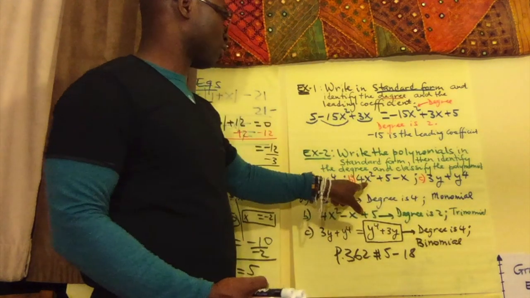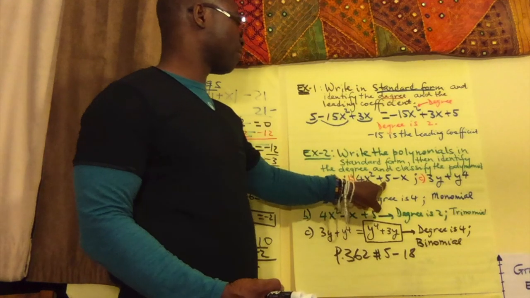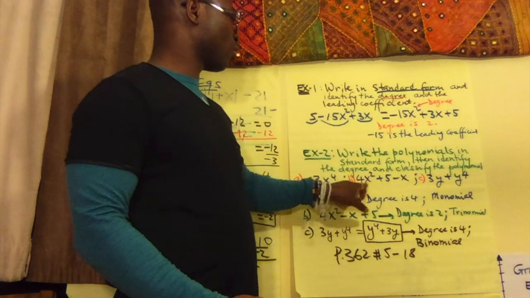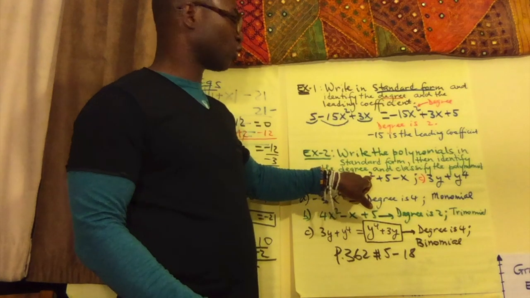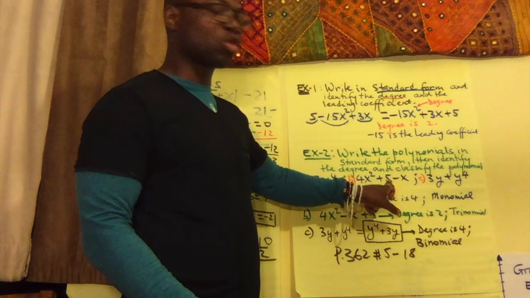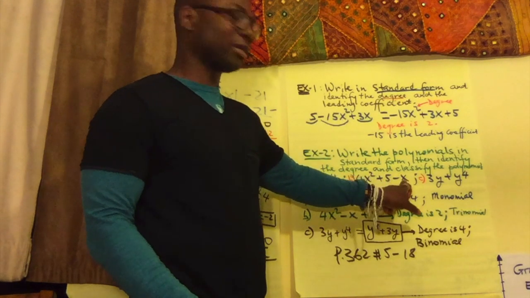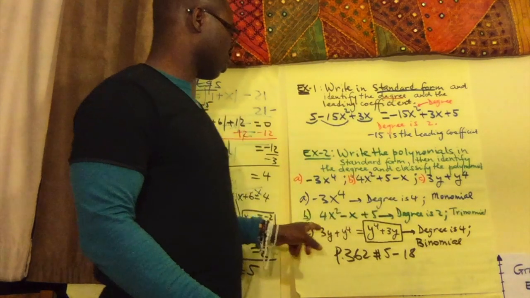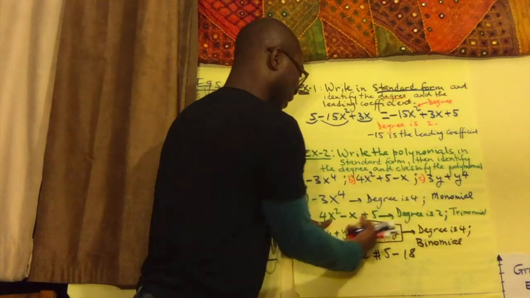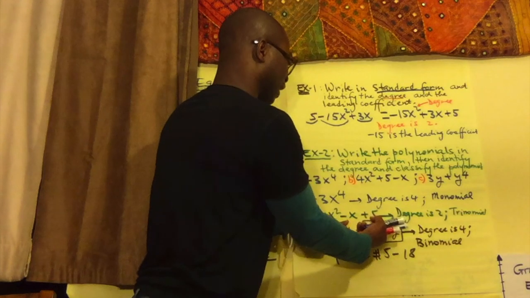Let's look at the second one. B, 4x squared plus 5 minus x. If you look at it, 4x squared is the one with the highest exponent, so that goes first. This one, there's no variable, so it should go last. And this one has an invisible 1. Okay? So 4x squared minus x plus 5.